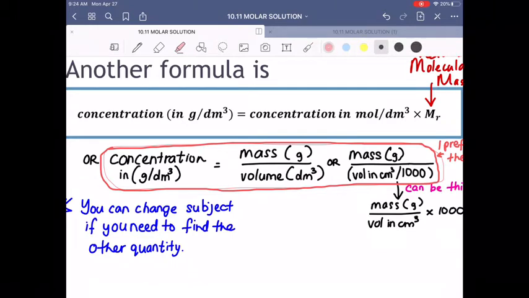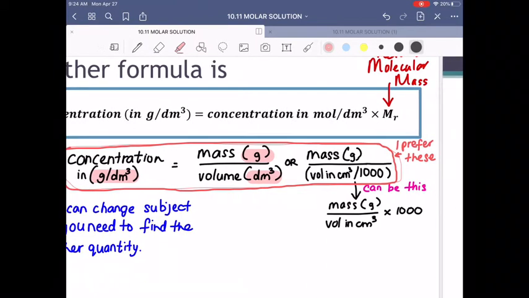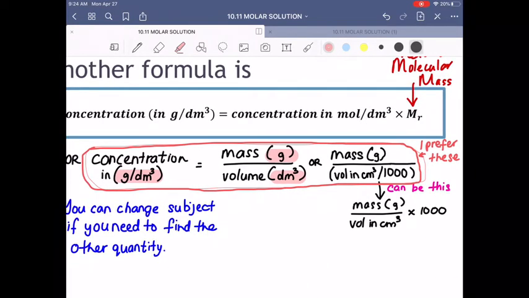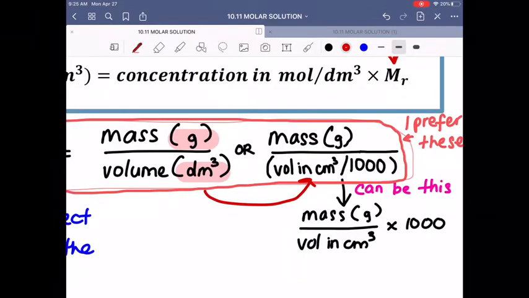Notice the unit used here, gram divided by dm cube, gives gram per dm cube. If this volume in dm cube was given in centimeter cube, your centimeter cube must be divided by 1000.